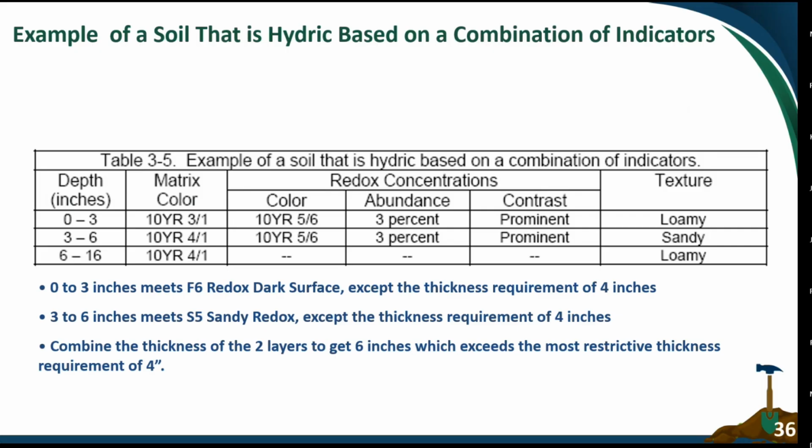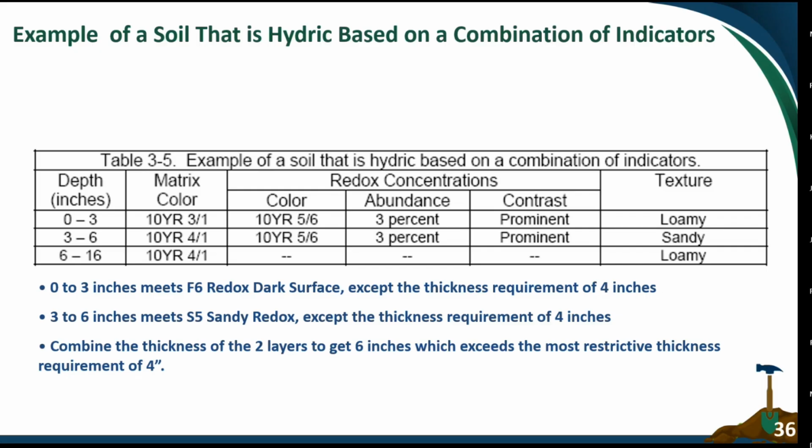In the example that we see here, we have a horizon description. We've got a layer from 0 to 3 inches that meets the F6 redox dark surface, except it does not meet the thickness requirement of 4 inches.